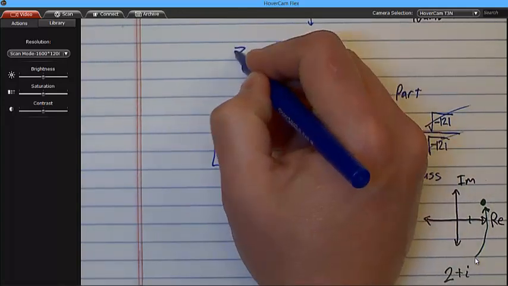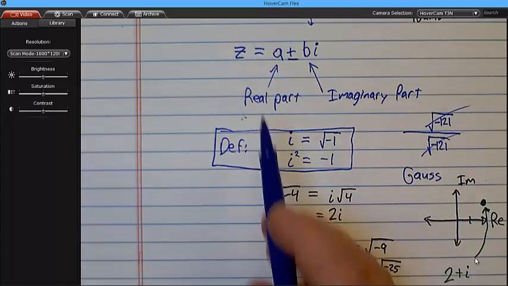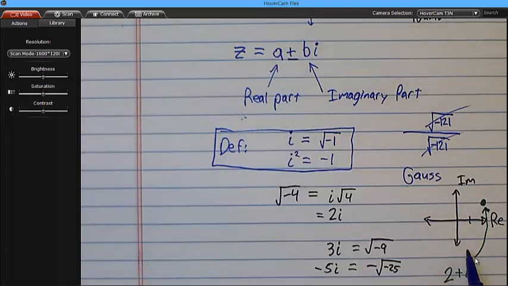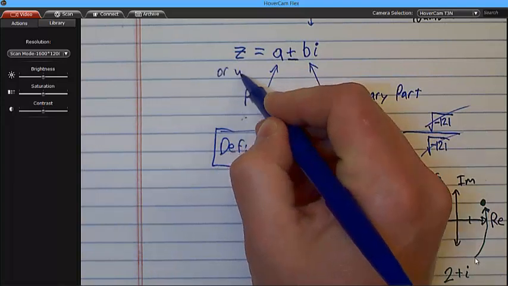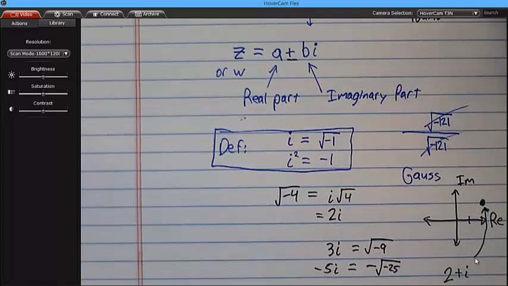He uses z for complex numbers. One of the reasons he does that is because x and y are already taken, right? We know x and y are horizontal and vertical. And so some people will write z equals x plus iy because then you're really on the plane, okay? Or w. I guess he also uses w. So if you see z or w, that's probably a complex number, basically because the other variables were taken.